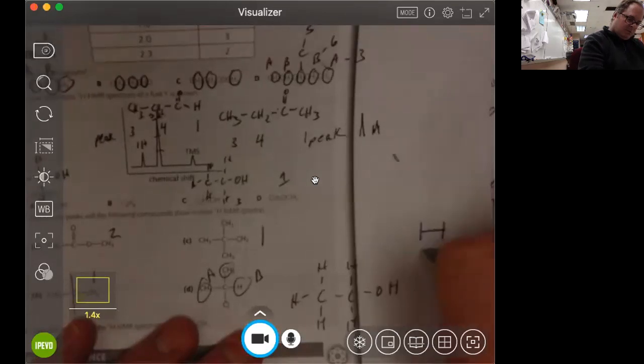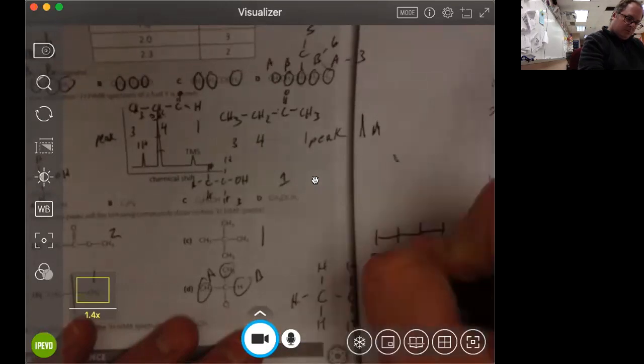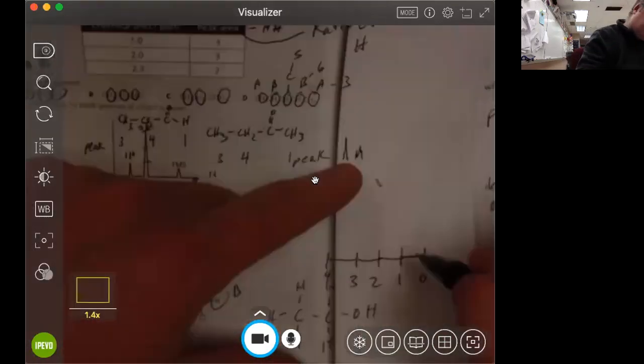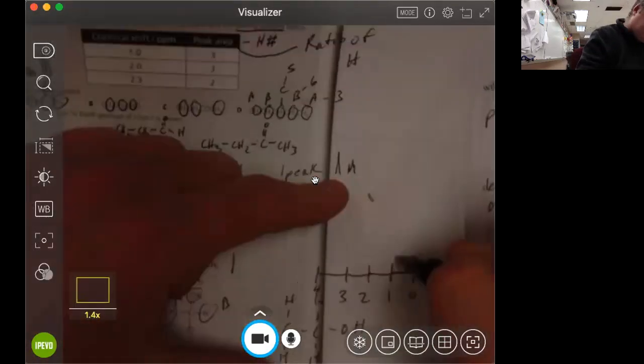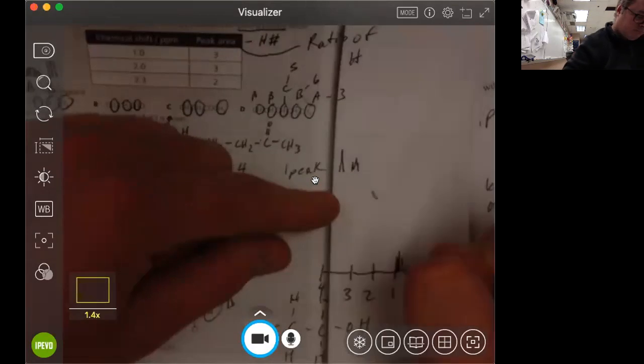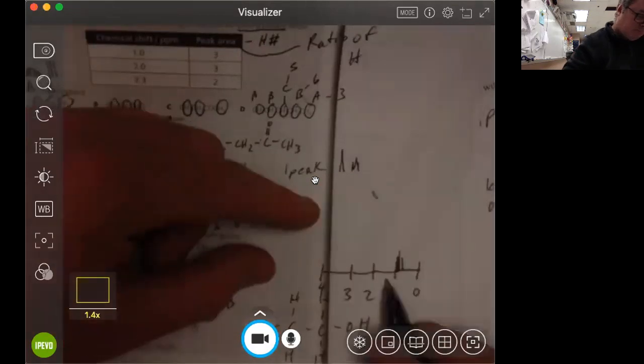With the N+1 rule, the first group of hydrogens is going to have a split of 3. And then the second group is going to have one of 4.